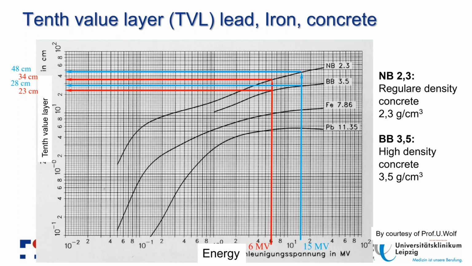So it's not really necessary to go above 15 MV. And there are a lot of people saying, okay, 6 and 10 MV is very good for the therapy. Yeah, next one.